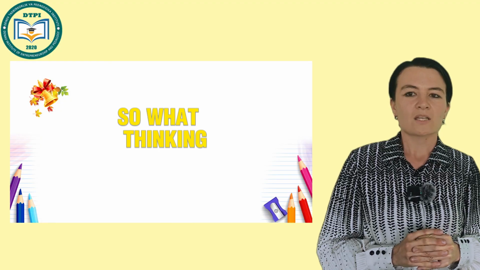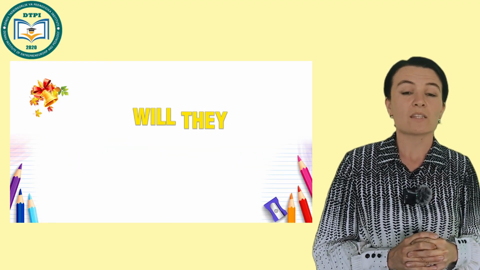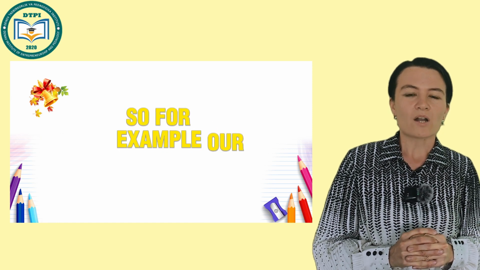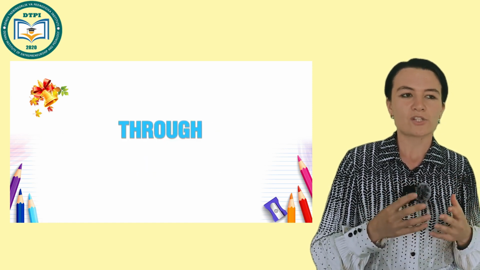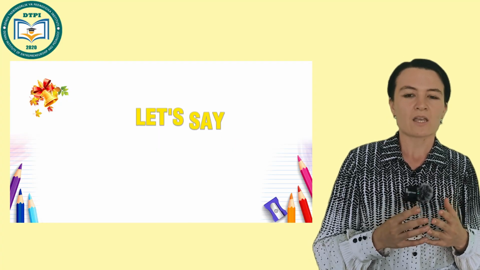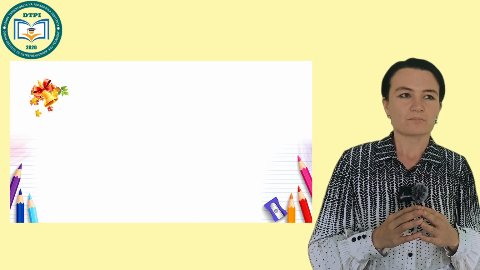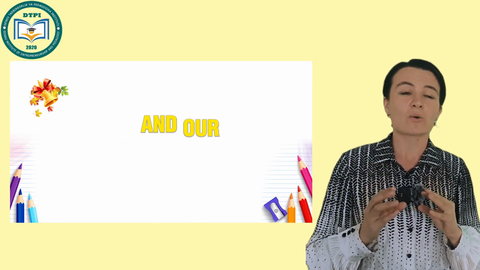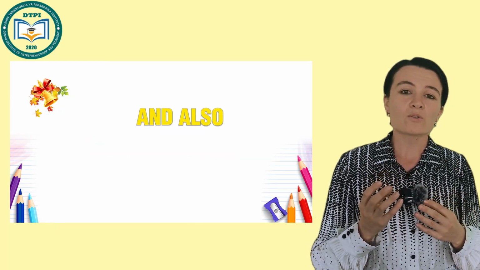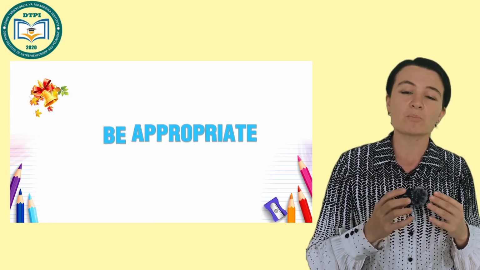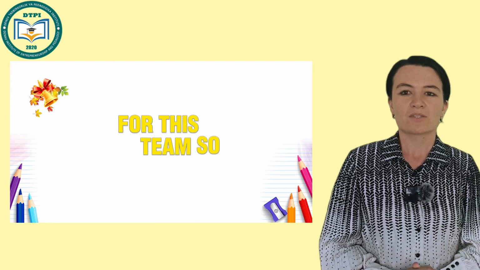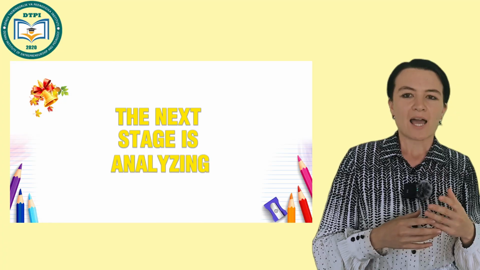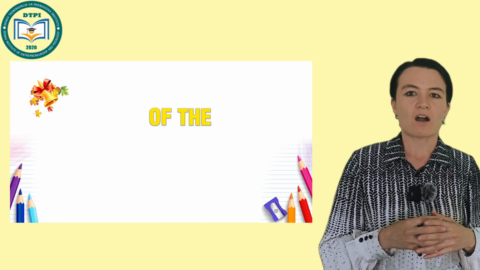So what thinking or communication skills will our students develop? For example, let's say our lesson is through geography. So we should identify what kind of topic it is, and our vocabulary words and also the grammar topic should be appropriate for this theme. So the next stage is analyzing the language demands of the content.